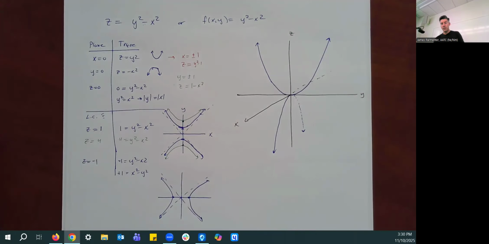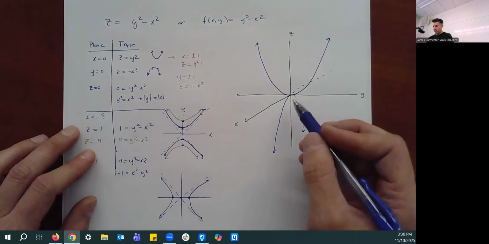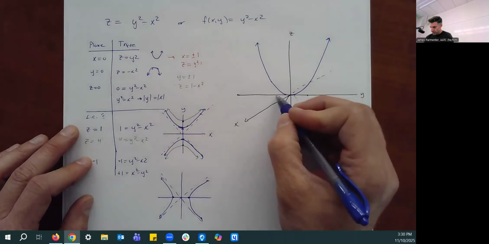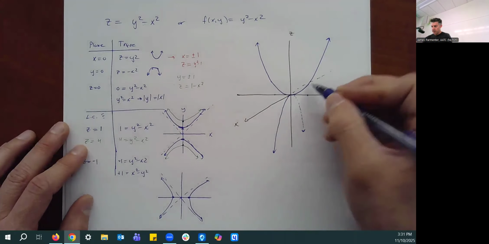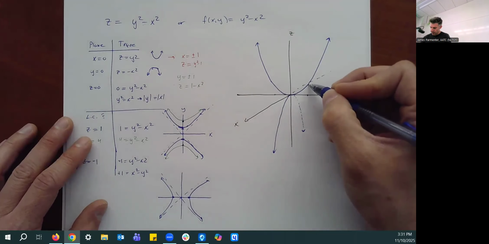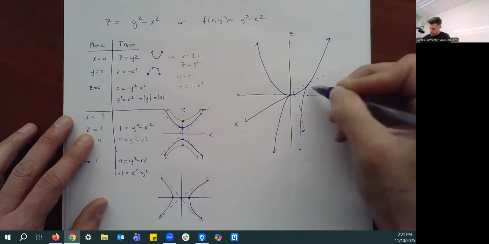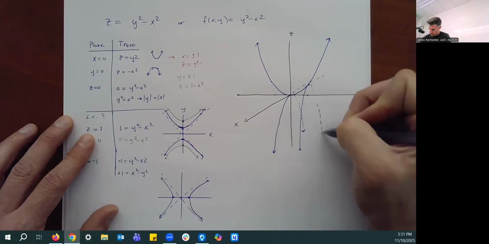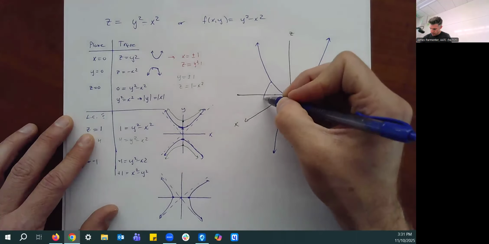And then if you wanted to, you could draw more. So if y is equal to plus or minus 1, my downward opening parabola is a little higher up now. So it's kind of like this. Or like this.